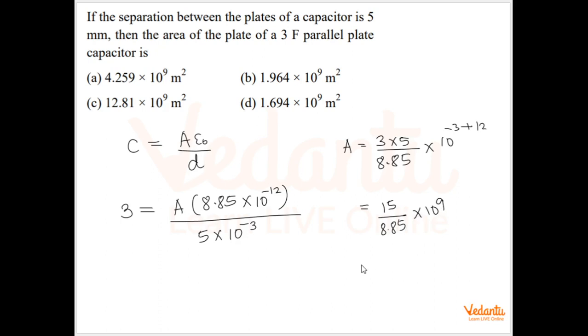This calculation is a little bit difficult, but you can approximate it as 15.3 divided by 9 into 10 power 9. That will come out as 1.694 into 10 raised to the power 9 meters. Let me just check the calculation. Yes, the calculation is correct, my dear bacha log.